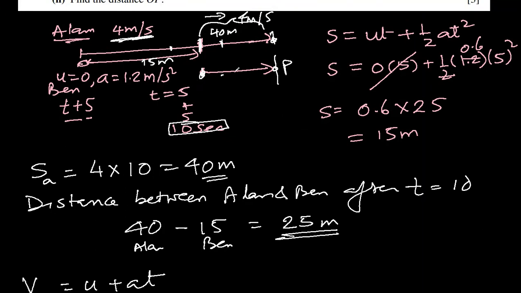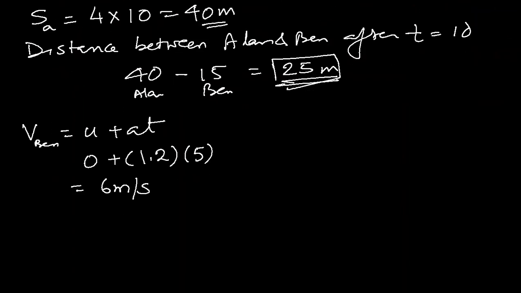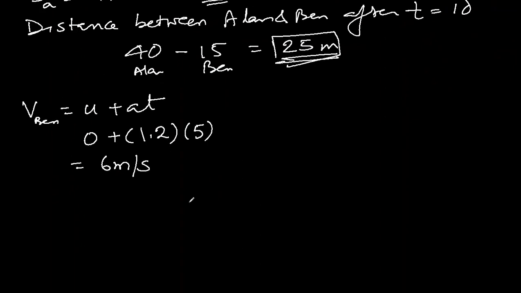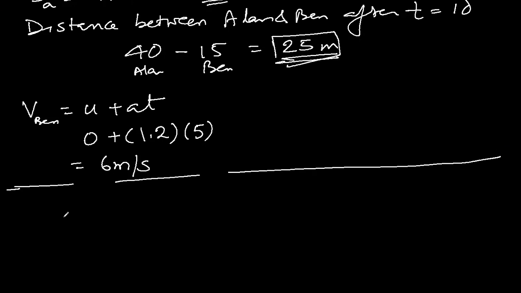So throughout this journey, Ben is moving at the same speed of 6 meters per second, whereas Alan is moving at 4 meters per second from this point to P. So the difference between them is 25 meters, and they have to cover the same distance in the next few seconds. So let's see the time they will take, because they are starting at the same time from different positions now.